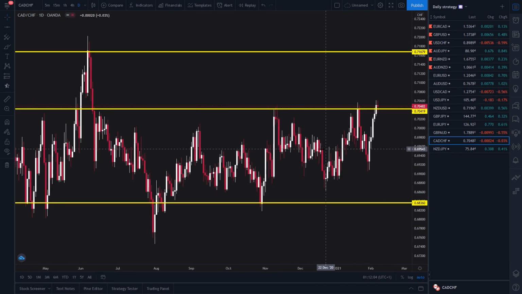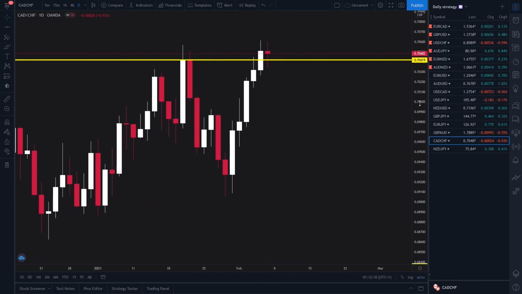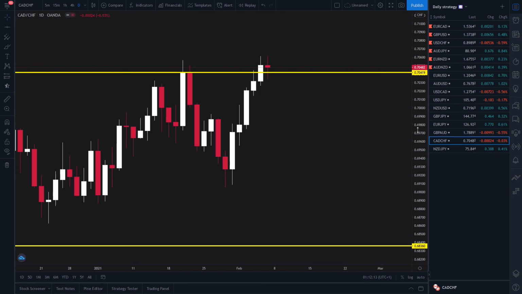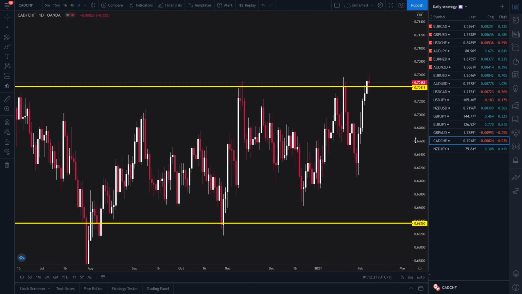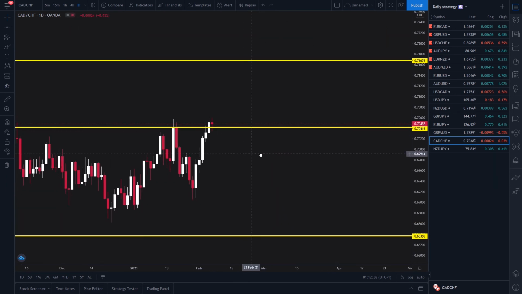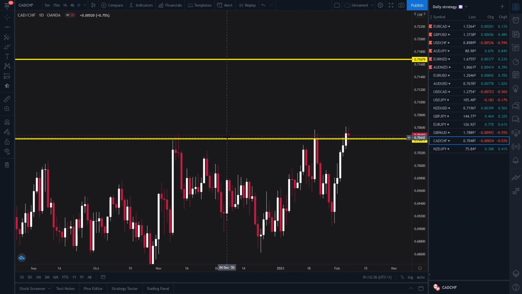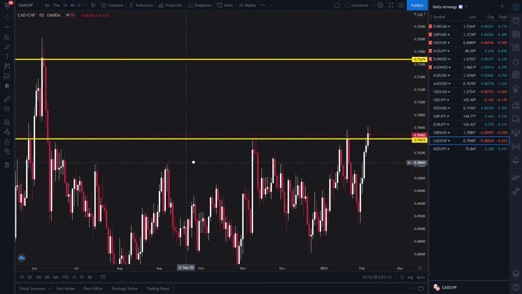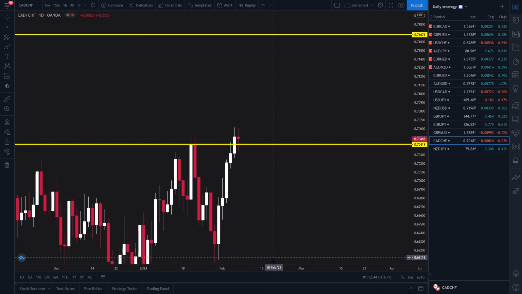CADCHF. We have formed indecision, but we closed above the level, so we can wait for Monday, and that's a tricky setup, because Monday will bring us a downside move or an upside move, and we have closed above, so I'm going to be looking for a buy rather than a sell on this pair, because this is quite a strong zone to close up and form an indecision candle, which means we can go even higher.